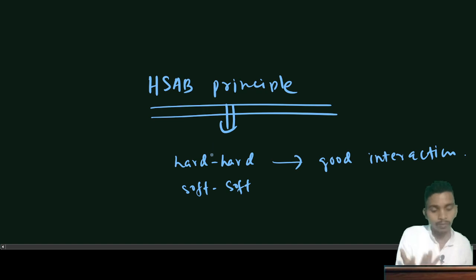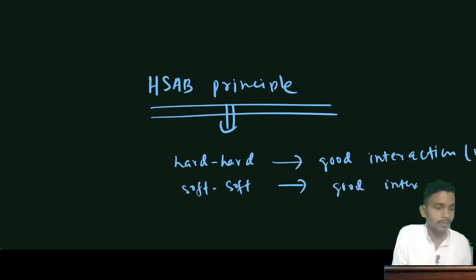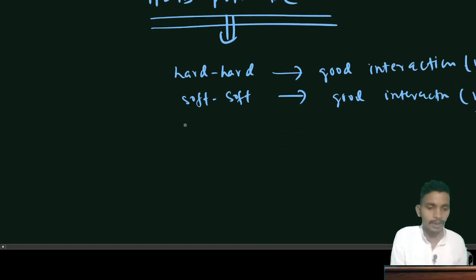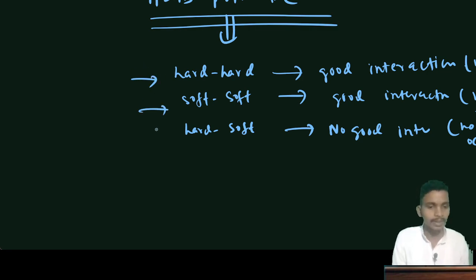It means that if one is hard, the other wants to do hard. If hard is interacting with hard, there will be a good interaction and that will occur. And if soft with soft, then also that is a good interaction and that will occur. But if it is hard and soft, then there is no good interaction and that will not occur. Okay, so this is the HSAB principle.